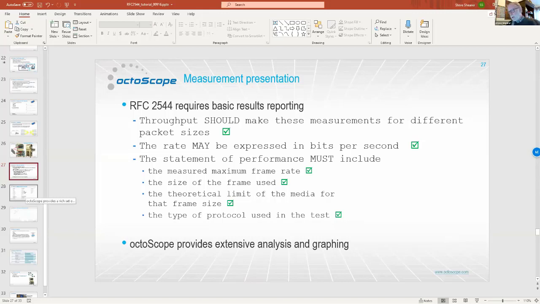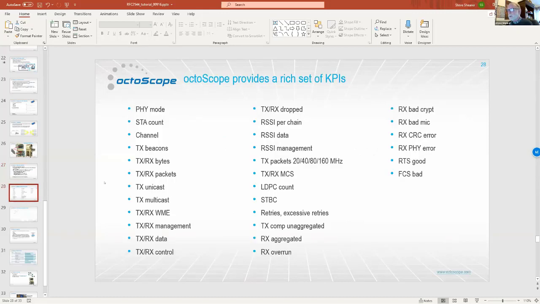As the industry has evolved, we know that we need to look at a lot more than just throughput numbers. We need to be able to get a much better analysis of what's actually happening in the system. With our test beds, we actually record literally a bucket load of KPIs.